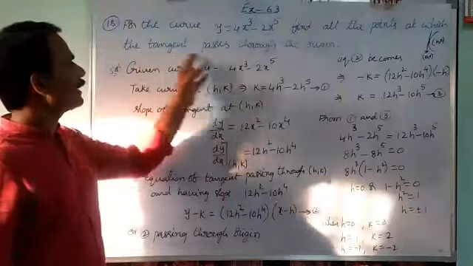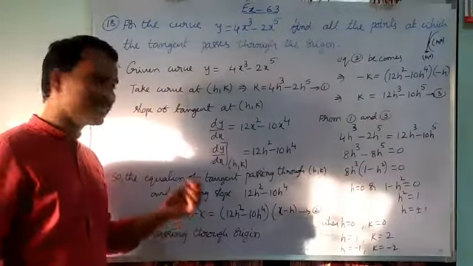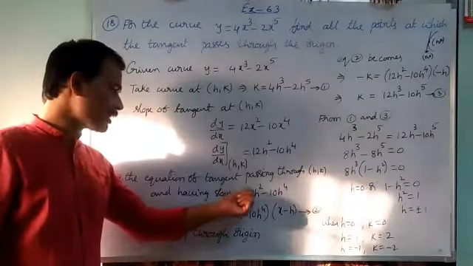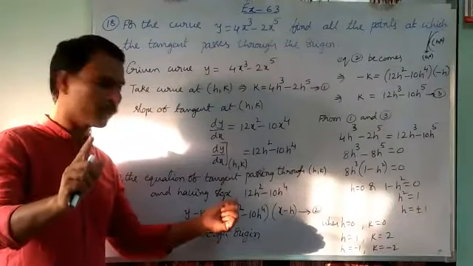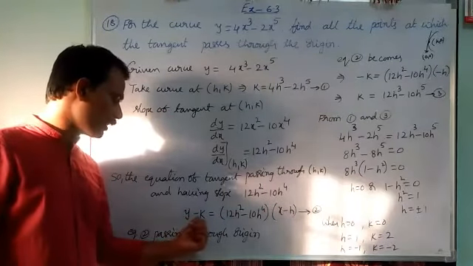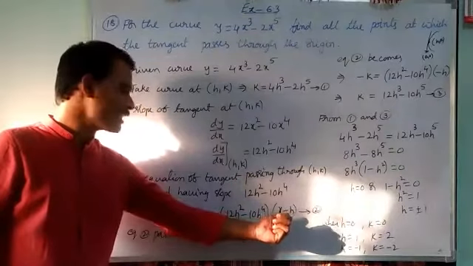What he said is, the tangent passes through the origin. Tangent passes through the origin means in the place of x and y, take 0, 0. In the place of h comma k, don't take 0 now. Here keep 0 minus k, and here 0 minus h will come.